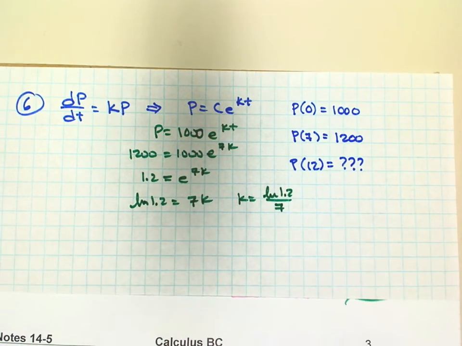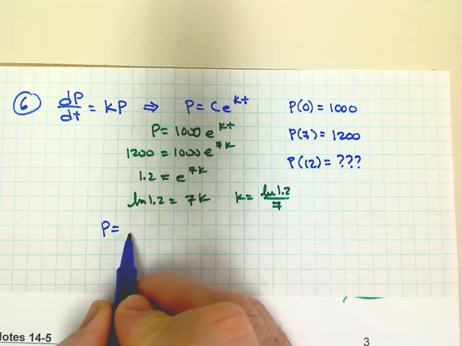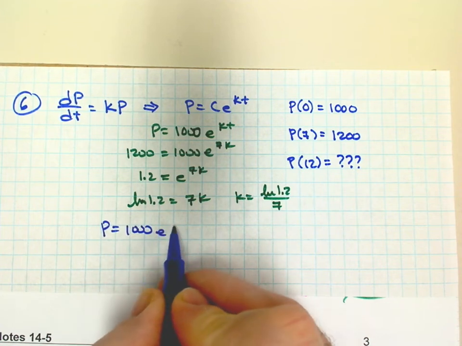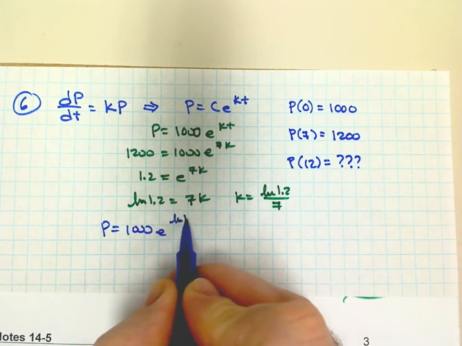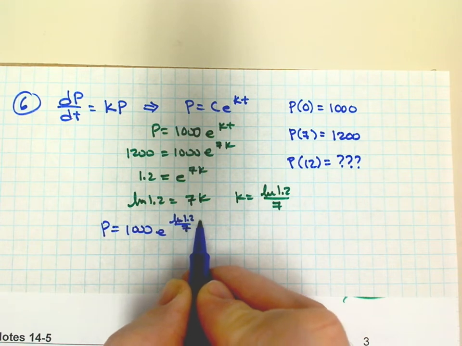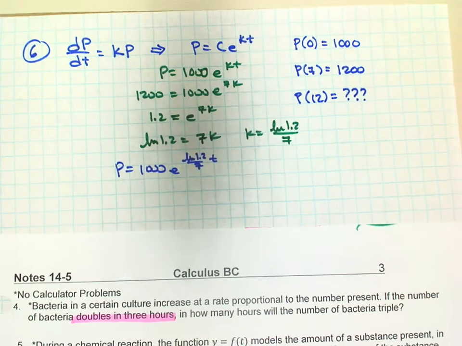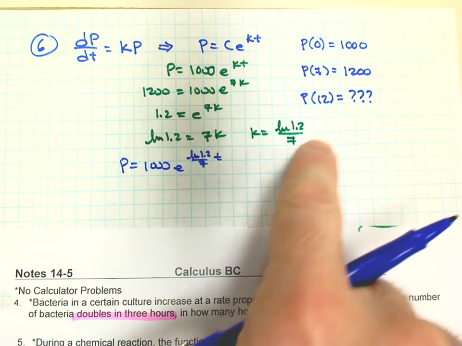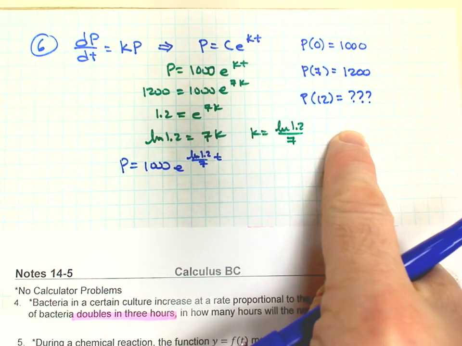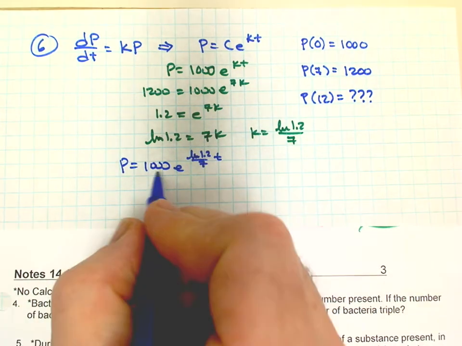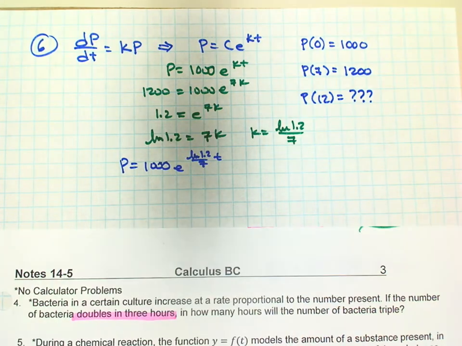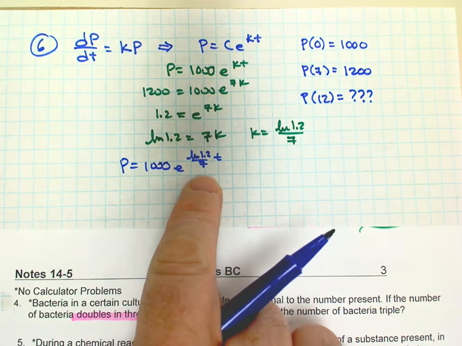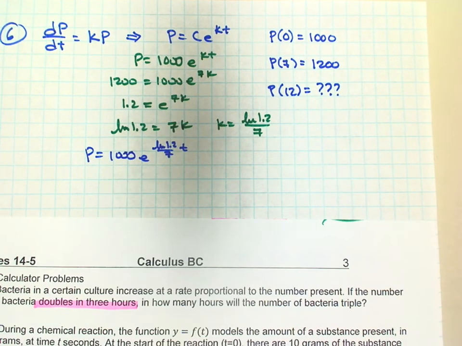That gives us a new equation of P equals 1,000 e to the natural log of 1.2 divided by 7 times t. And yes, I'm going to write it that way rather than get some decimal here and then truncate that and then be off in the end. The decimal places are pretty important when we do these types of problems.